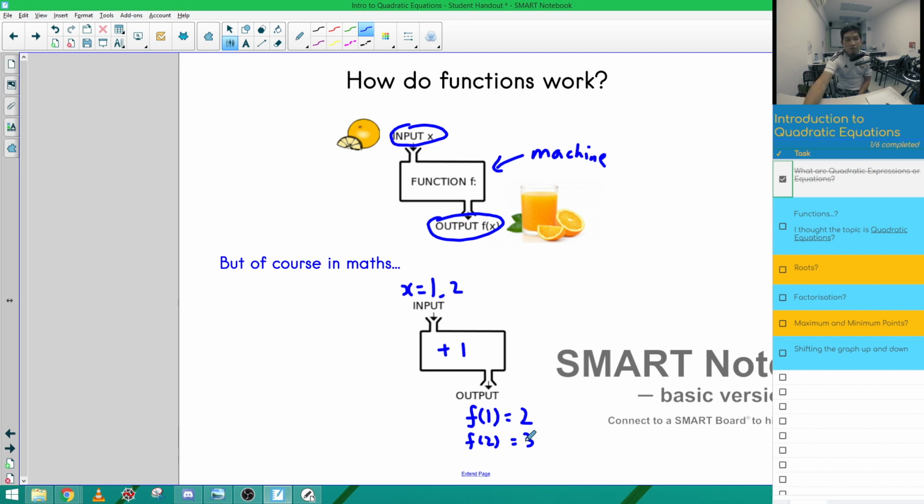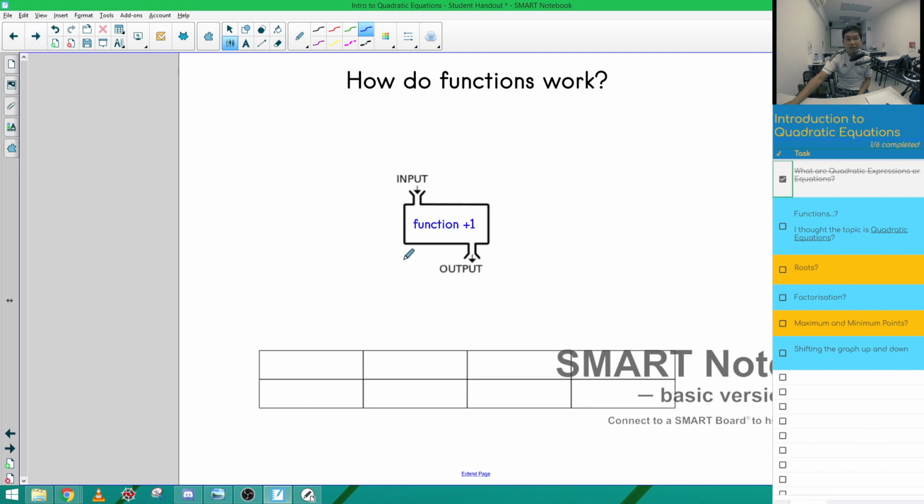Okay, so this is what we do in mathematics. This is how we use functions. Okay, but of course, we have a lot of numbers. We are not just satisfied with looking at one pair of input and outputs. We want to look at a lot of pairs of inputs and outputs. So what we do is we actually have a table.